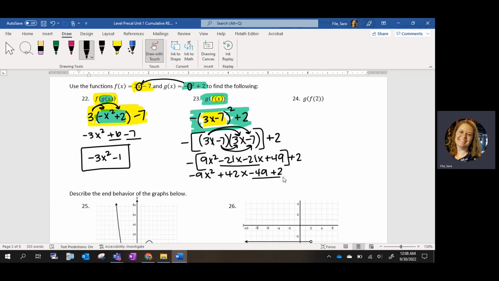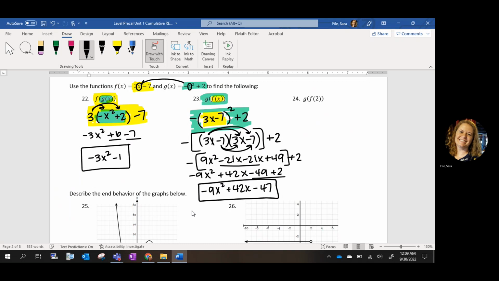Then I can combine those like terms. So I've got -9x squared plus 42x minus 47. And that is your g of f of x.